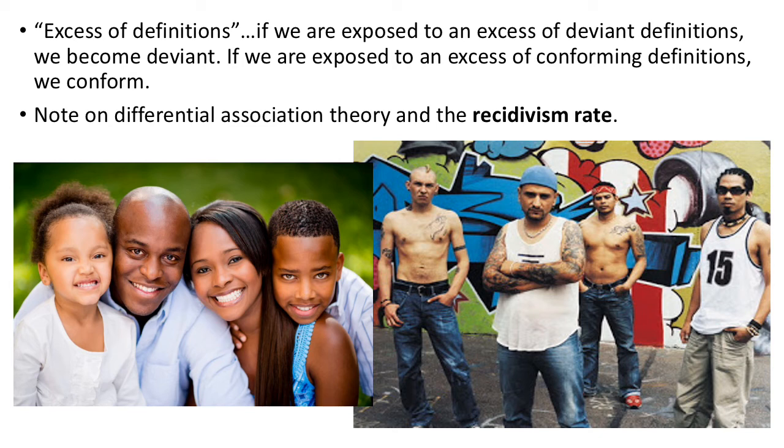Now, differential association theory has been used to try to explain the recidivism rate, basically like this. Let me give you a little hypothetical situation. Imagine an 18-year-old kid who does something stupid, makes a stupid mistake.